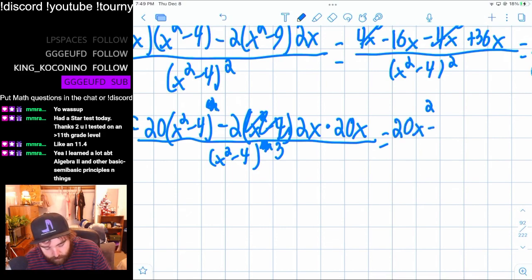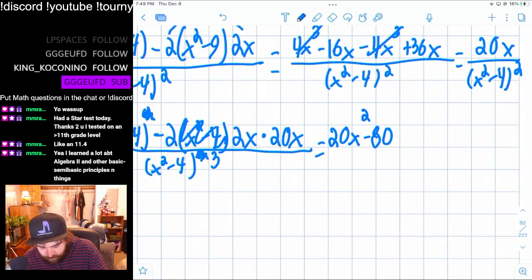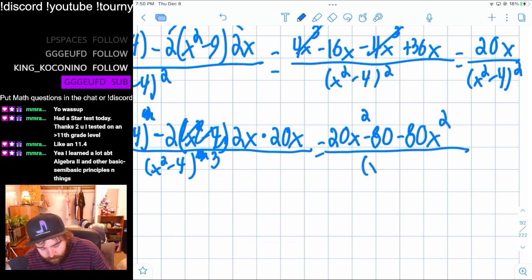20x squared minus 80. And let's see, that's 40x squared. Wait, we have 2 times 2 times 20. That's 80. And then the x times x, and then the minus. So yeah, minus 80x squared over x squared minus 4 to the 3rd.